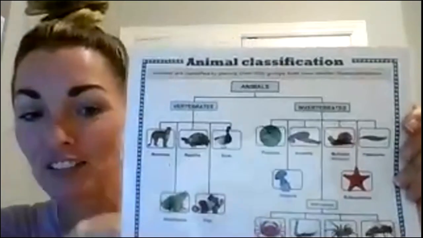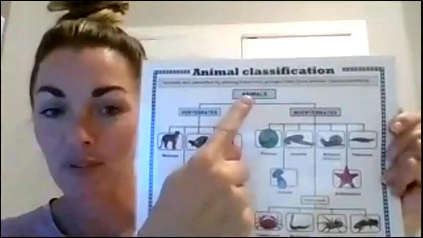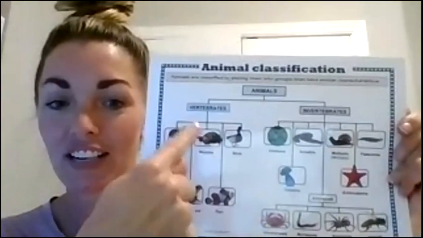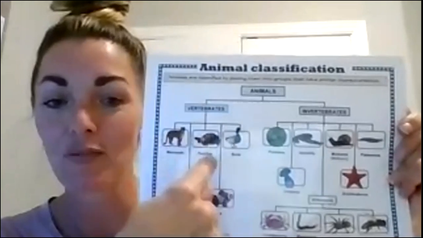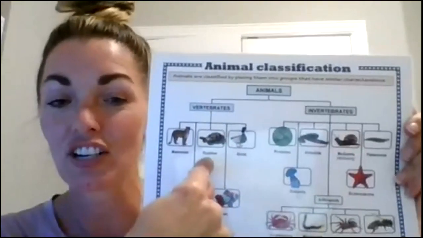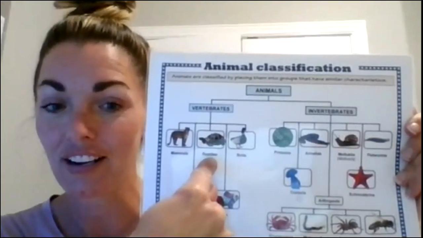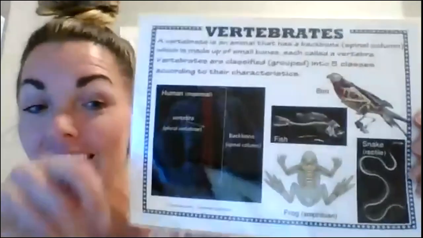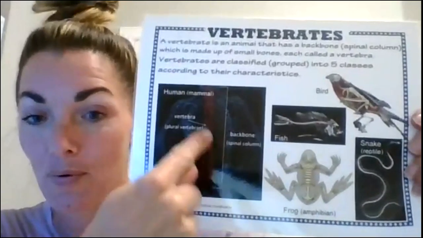So we have our animal kingdom, animal classifications. So animals. Oh, look what's over here. Under vertebrae, we have a turtle, and he falls under the reptile category. So he's a vertebrate, which means he's got a backbone.